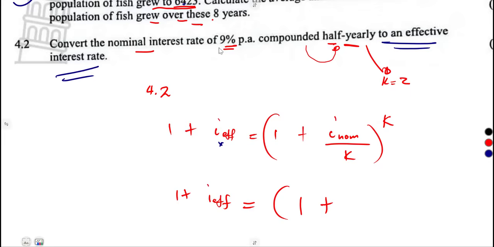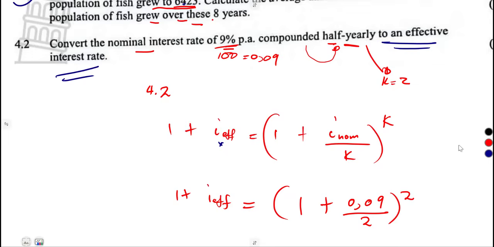The percentage over 100 is 0,09 as a decimal, so 0,09 over 2, and then the exponent k is our compounding, which is 2.